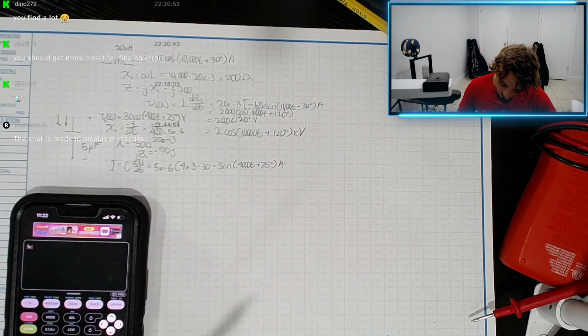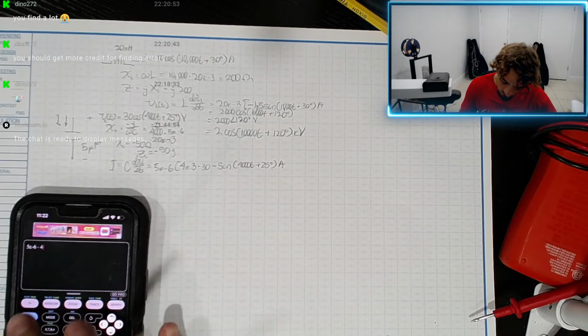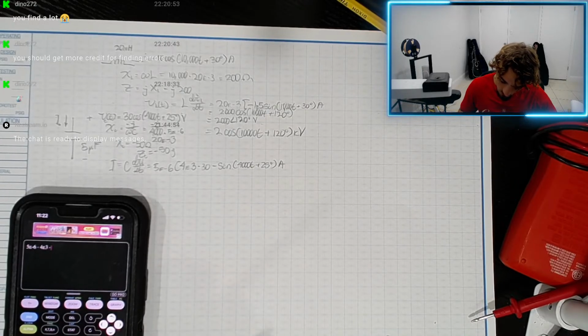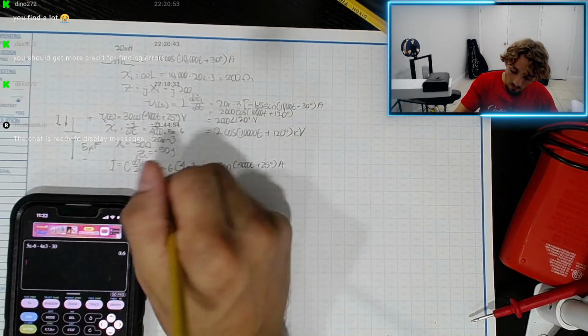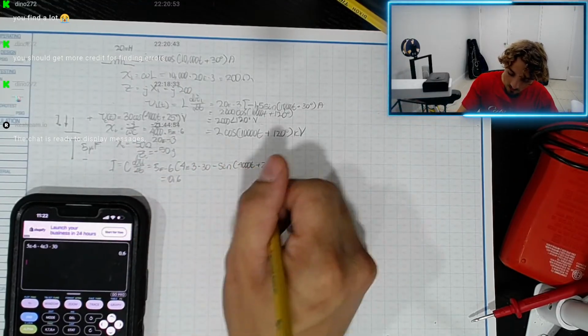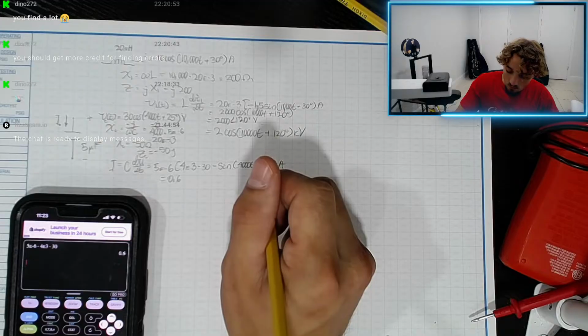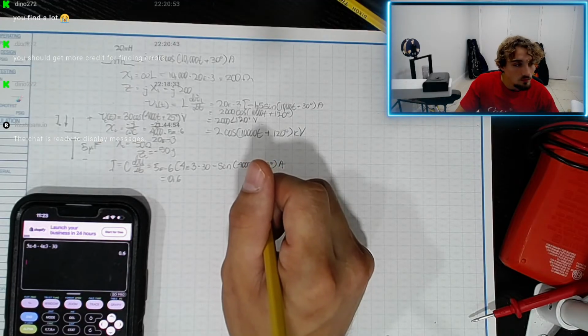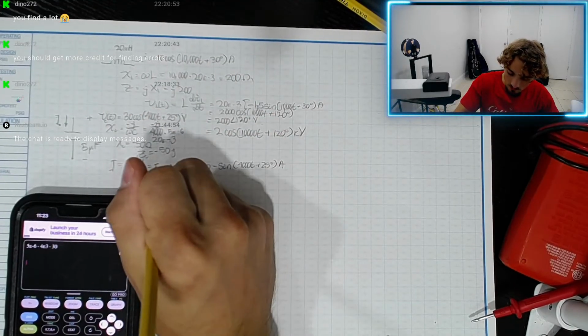Okay, 5e to the negative 6 times 4e3 multiplied by 30. Yeah, 0.6. Negative sign. We're going to add 90 degrees to convert it to a cosine, but it's still going to remain negative regardless.